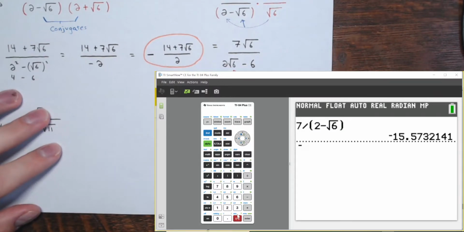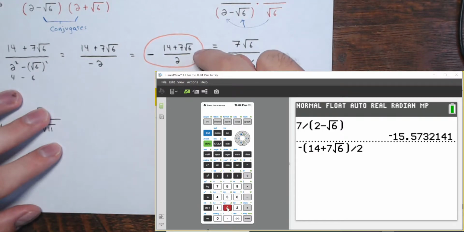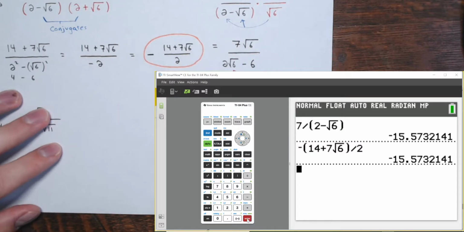So that's negative, and then the numerator has multiple terms, so I put parentheses. 14 plus 7 times the square root of 6, and then all that divided by 2. And this is what I got here. And let's see. Indeed, it is the same value. So that means I did a good job.